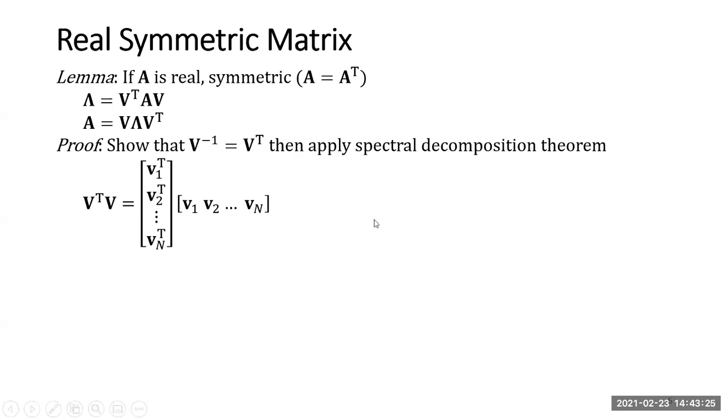So when we do the multiplication, each Vi transpose Vj is a scalar. Okay, so what's V1 transpose V1? Since V1 is a unit vector, V1 transpose V1 is equal to 1, right? Then what's V1 transpose V2?